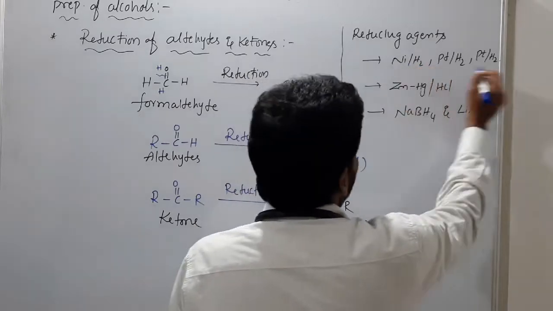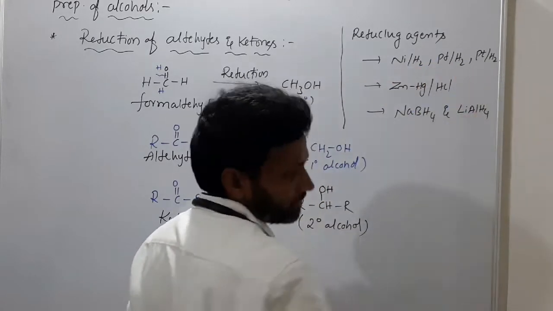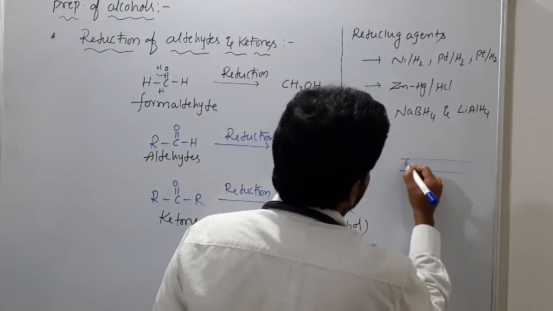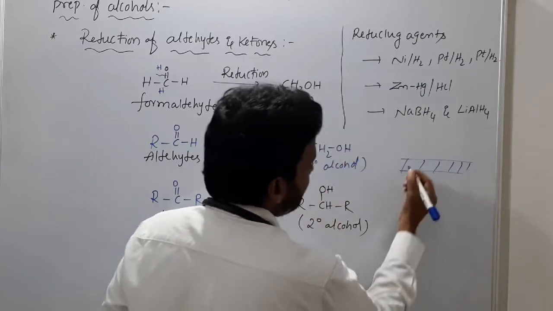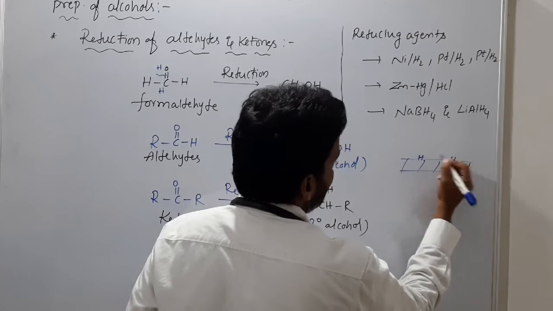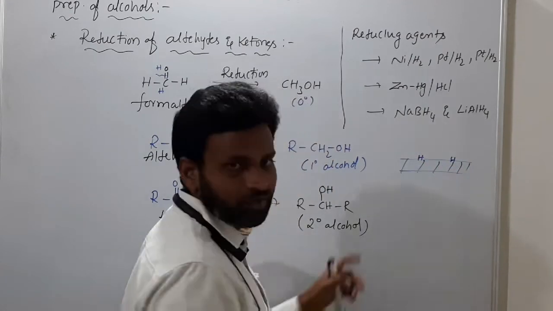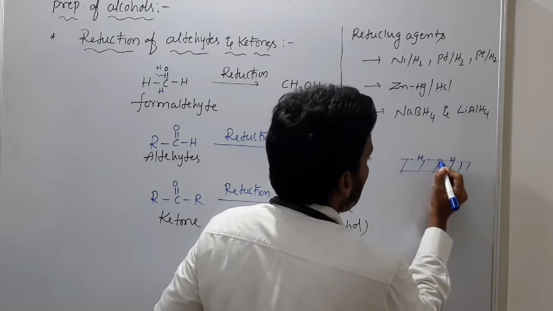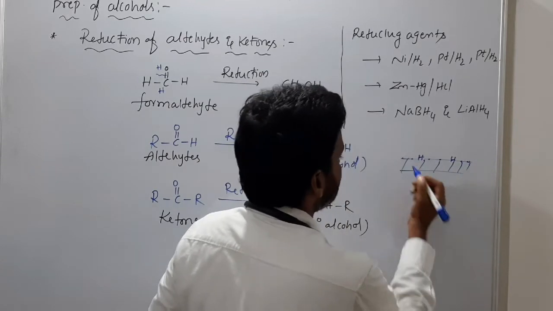So these are metal with H2, hydrogenation. Adsorption: if you take a nickel surface, on this nickel surface hydrogen gas we will send. On the surface these hydrogen atoms will adsorb like this.